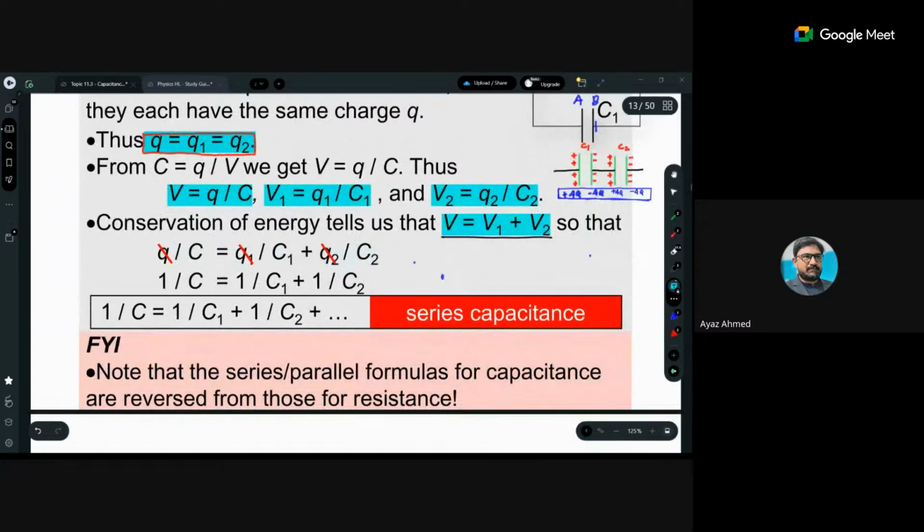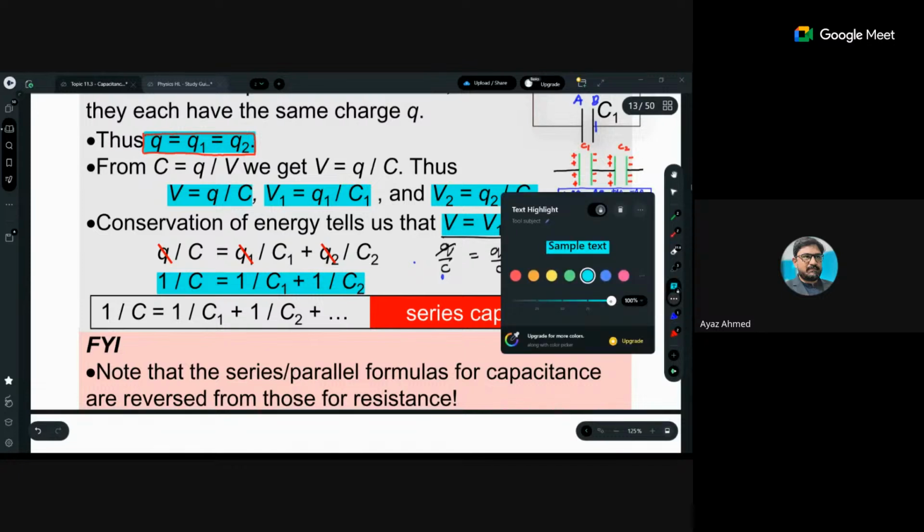Instead of V, I plug in Q by C. Instead of V1 and V2, I plug in Q1 divided by C1 plus Q2 divided by C2. And as Q is the same, Q would be gone from both sides; we can take it common and cancel it. As a result, you have this: 1 upon C equivalent is equal to 1 upon C1 plus 1 upon C2 plus 1 upon C3.